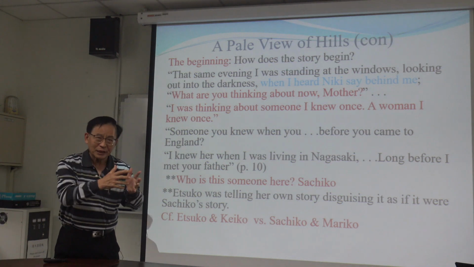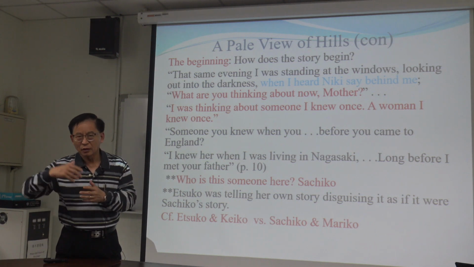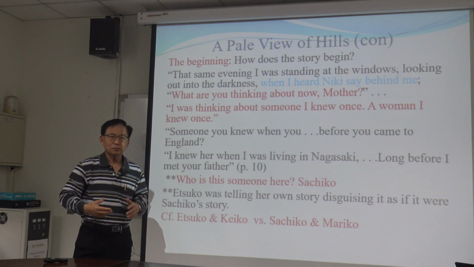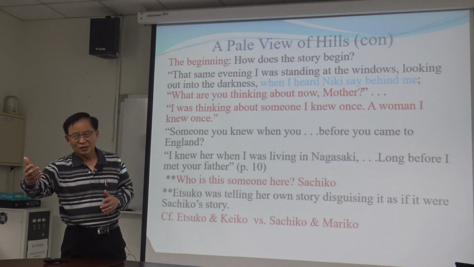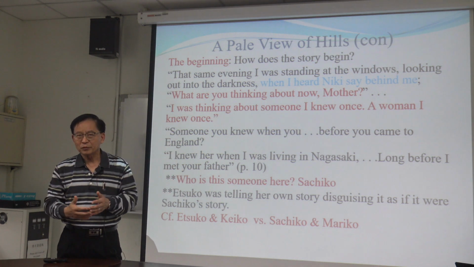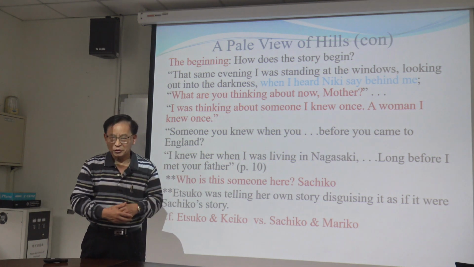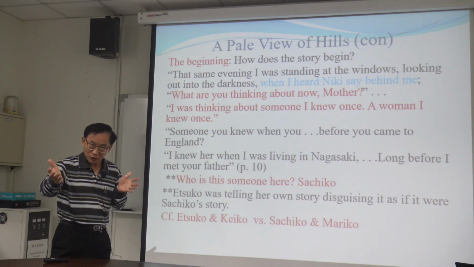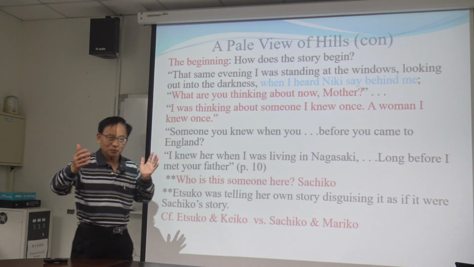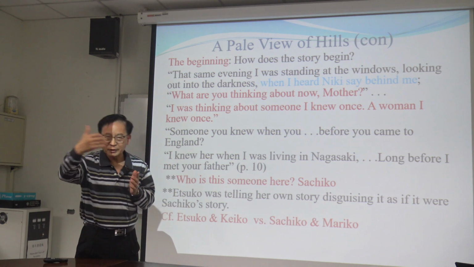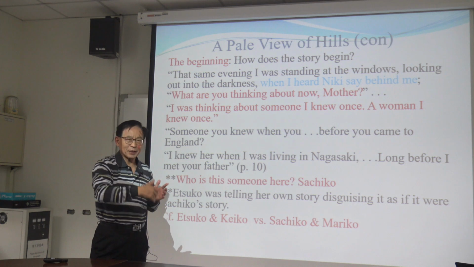The story begins with the visit of Niki, the younger daughter, traveling from London city to see the mother, who lives in a big country house in a suburban area of London. This is the beginning. So the novel begins with a travel from London to the suburban area of London.